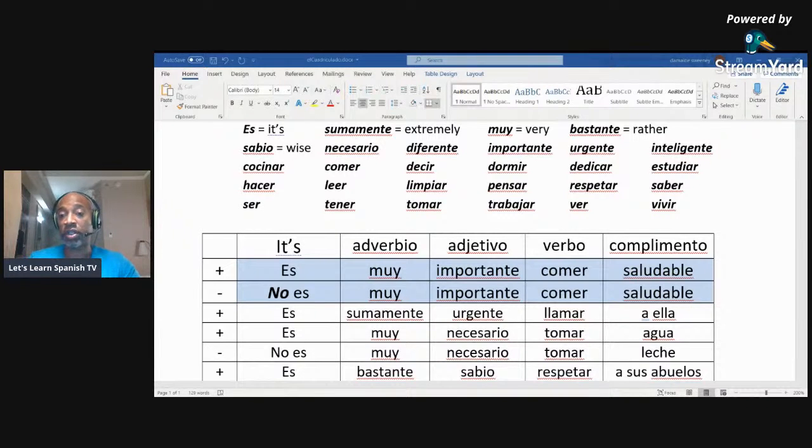Let me put that in English: when you have a sentence with one subject and two verbs, conjugate the first verb and not the second verb.